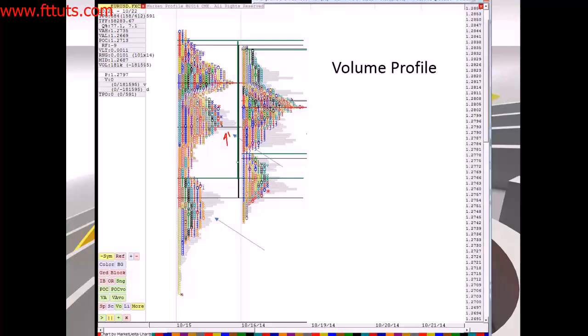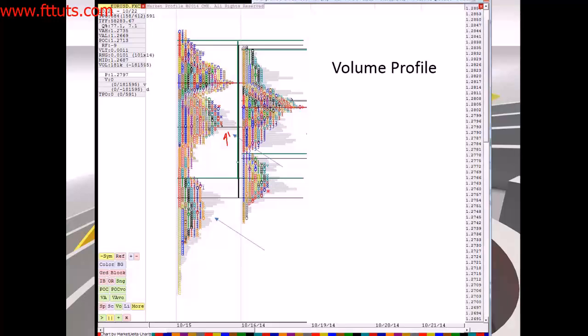And similarly down here where we have a buying tail, notice how the volume is very little, but a responsive buyer came in and started buying very quickly at these levels and brought them up to this level, and then we began to see activity increase and volume levels increase.